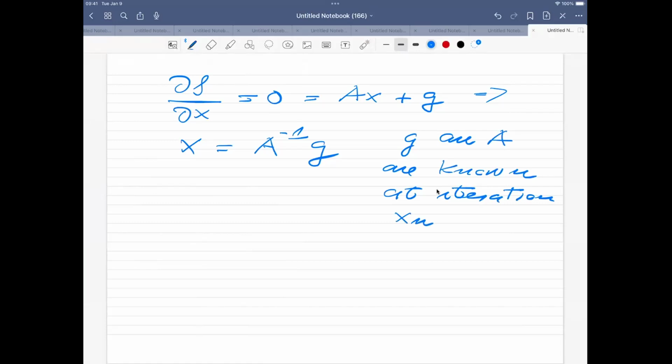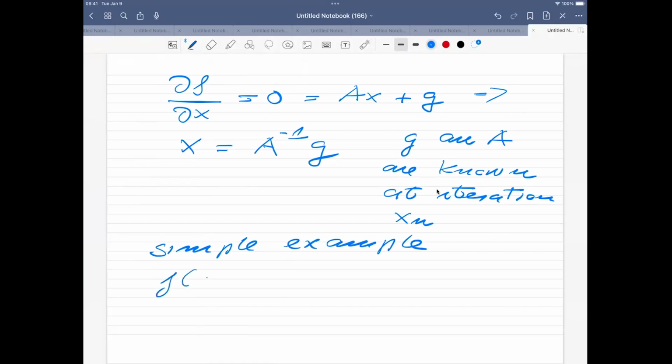So when I perform an iteration, these are quantities which I can calculate. So it means that my x of n is simply given by these quantities here. Let me just give you a simple example, which you probably have seen before, just to exemplify what we are having here.